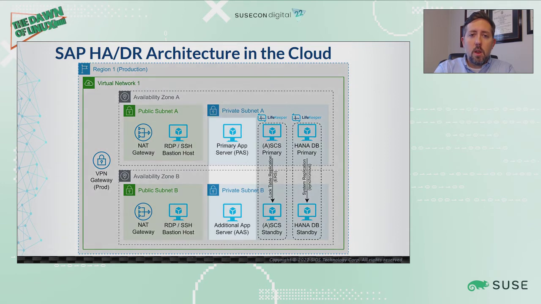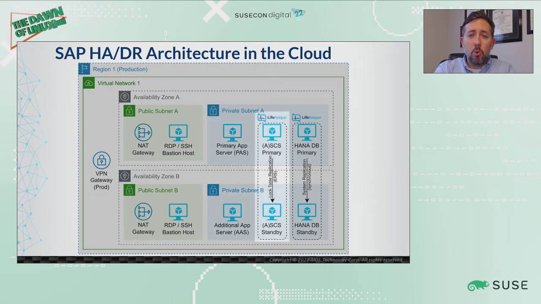So first thing I'll do is point out I've got an application server pool set up with a primary application server in my primary availability zone, and then an additional application server set up in the other availability zone. And technically, the application server is not a single point of failure for your SAP system. So it's good enough just to create a pool of application servers rather than really needing to have a highly available cluster.